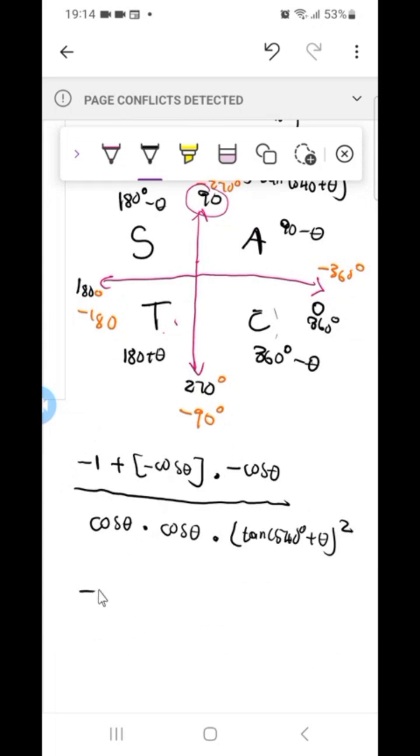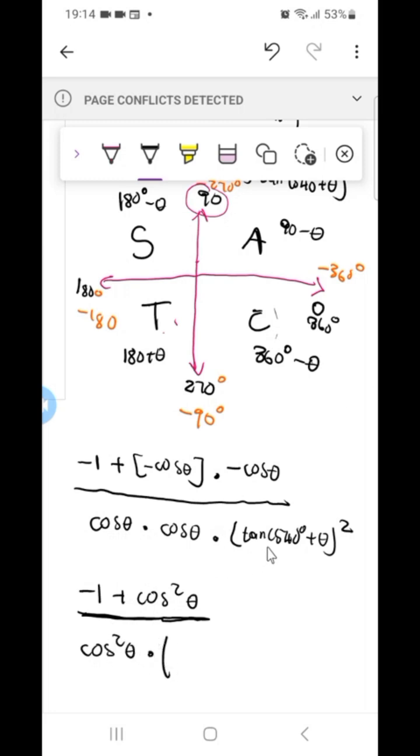You'll have 1, negative 1, and then negative, negative, positive. So you'll have positive plus cos, multiply by cos, and that is cos squared theta. And then you divide, and you have cos, which is also cos squared theta, multiply by.